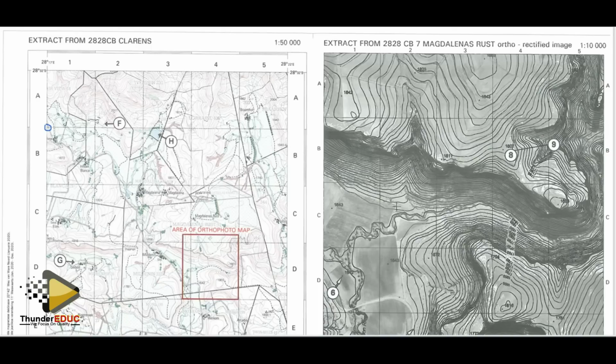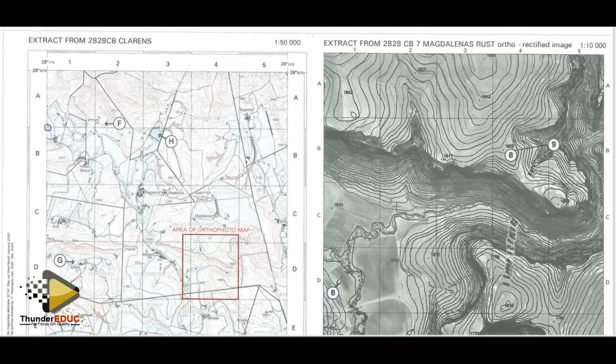Then we go to our lines of longitude. We pick them from here, 28 degrees, and our minute line is given as 17 minutes to the east, which means for the northwest corner we just pick 28 degrees and 17 minutes. Then we estimate the position of this spot height as we go towards the east. Our midpoint for 30 seconds falls roughly around this area here.